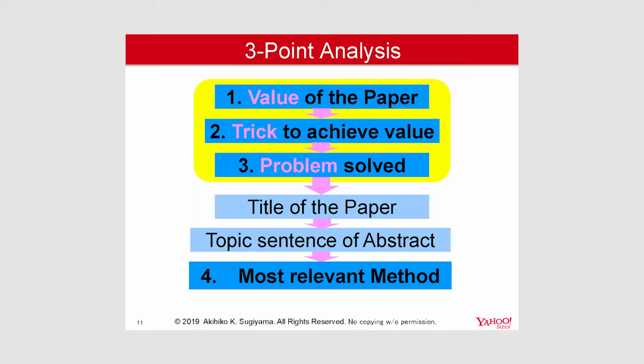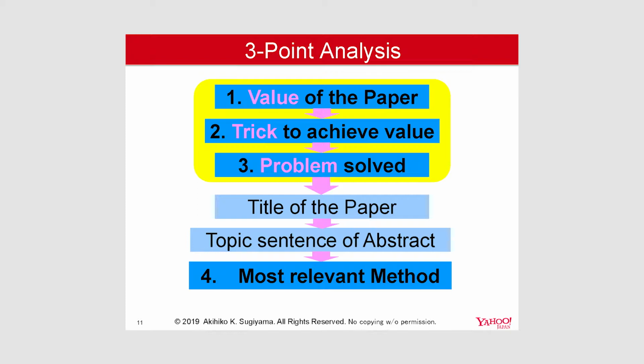That's a good logic. And then once you have performed this three-point analysis, it should be easy to design the title of the paper using the outcome of these three steps. And then you can also design a good topic sentence of the abstract. Topic sentence is the first sentence of the abstract to describe what your paper is all about.